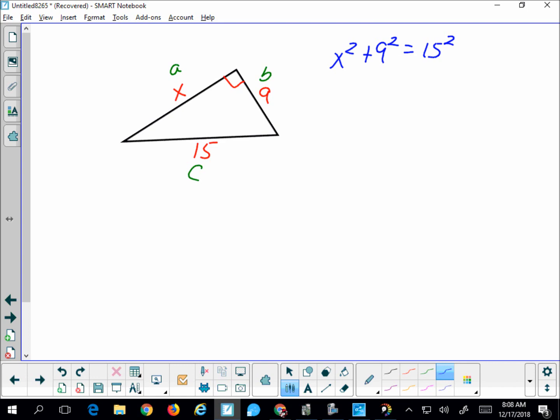This one we already know C, and we're solving for one of the legs. So can we square the x? No, not really, because we don't have a number there to multiply times itself. And then 9 squared is 81. 15 squared is 225. What do I need to do next? Subtract the 81.